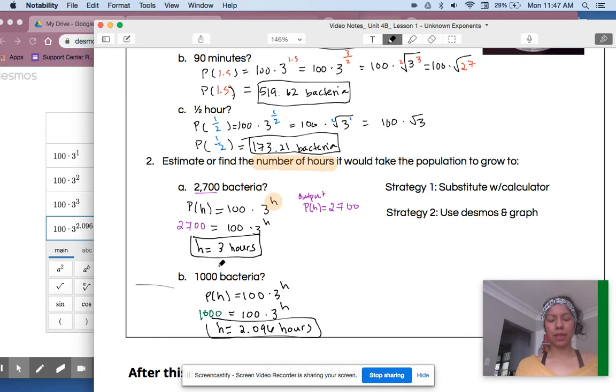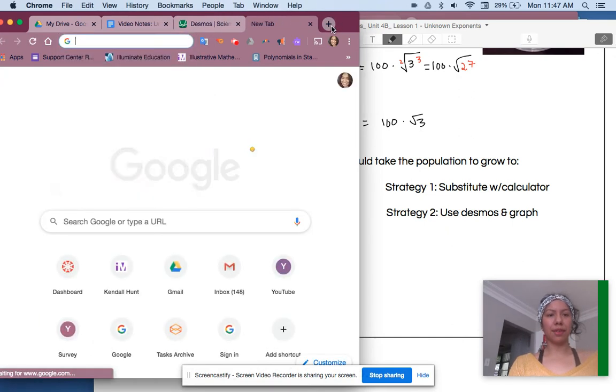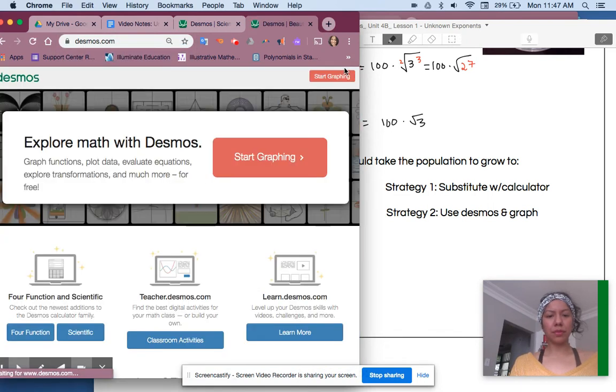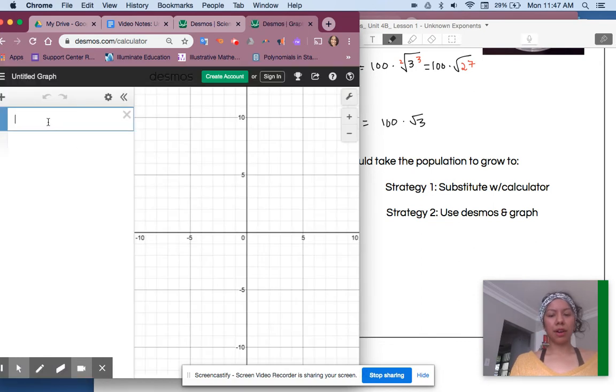Okay. Now there is a faster or cooler way, I think, using the second strategy. Over here, strategy 1 is to substitute with a calculator, which is what we did. Strategy 2 is to use Desmos and graph. So if you go to Desmos actual graphing, desmos.com, and start graphing, you're going to have to do both equations.